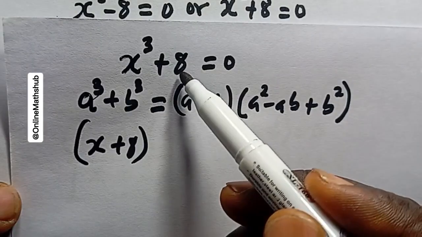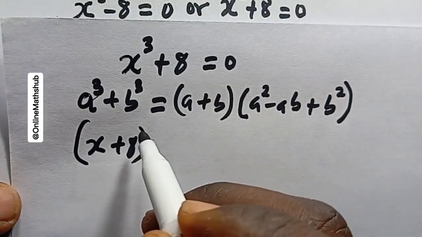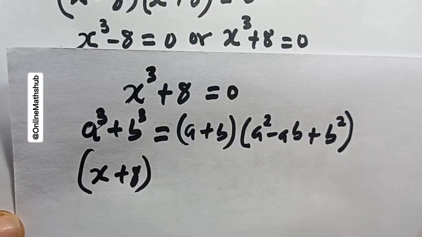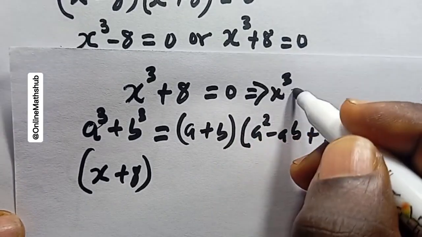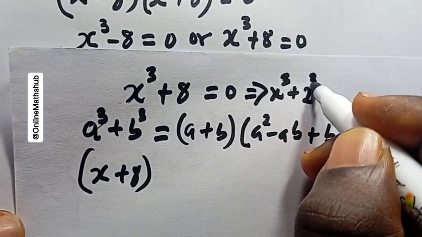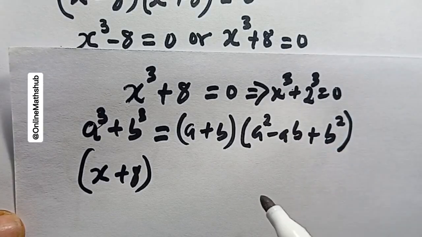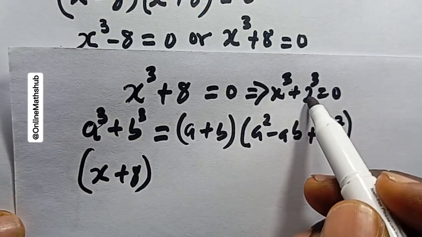What we have here is 8. So in order for us to write this in the form of a cube, we can write this as x power 3 plus 2 power 3. So in this case you can see that our b is equal to 2.